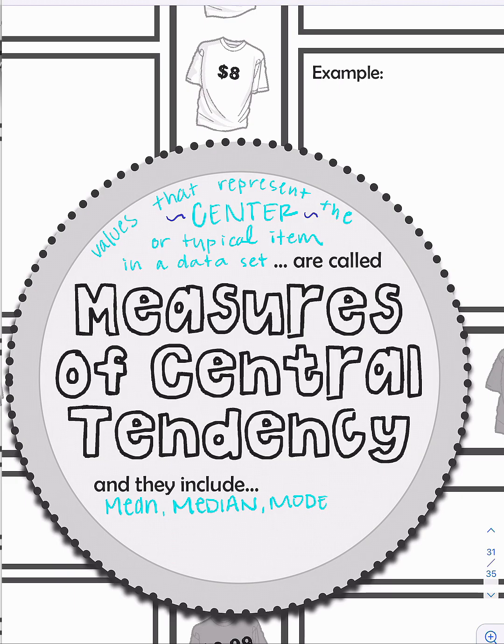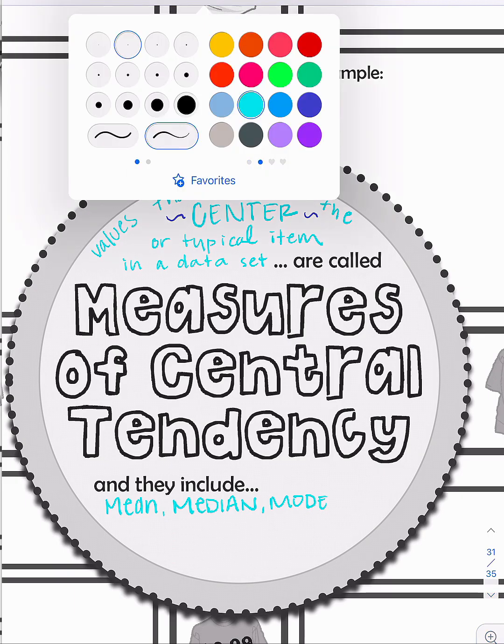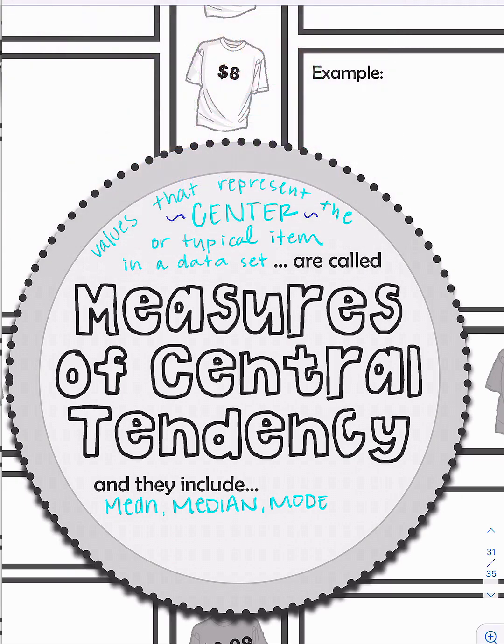And then our last one that we have on our sheet is actually range, but that is not included. So we're just going to do a little arrow here, and I'm going to say not range. We are going to talk about how we find the range of a data set, but that is not one of our measures of central tendency. Okay?